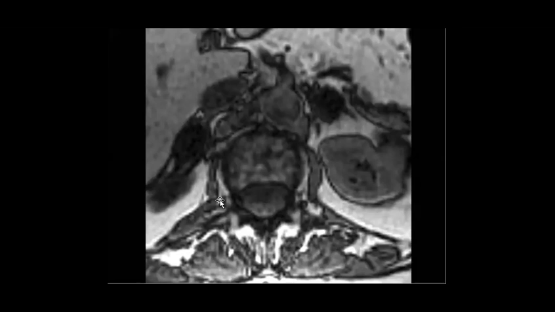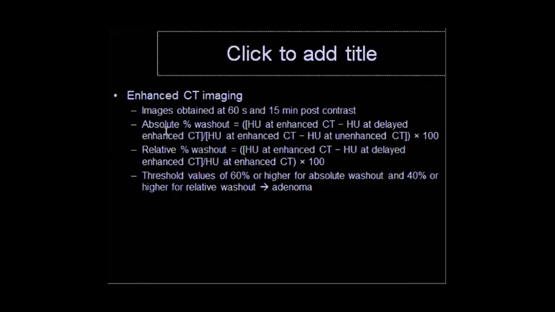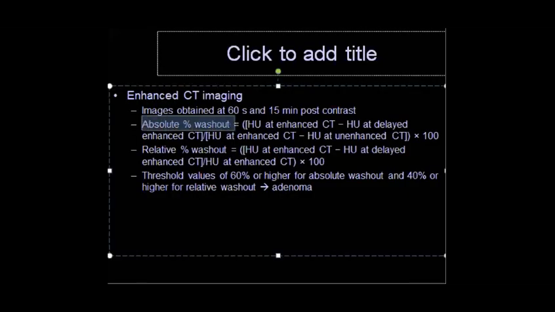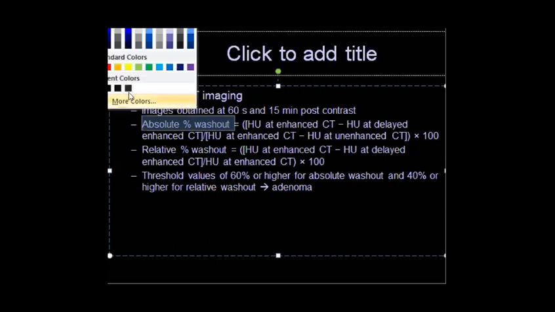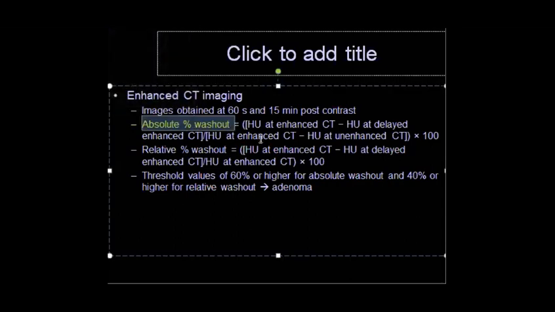And there is something called absolute washout, which you can use in the CT, and relative washout. They have equations, as you know, for the absolute and the relative washout. If you read the text, you can.